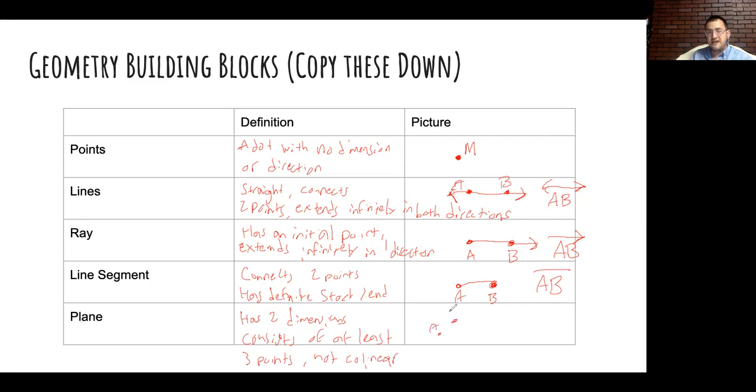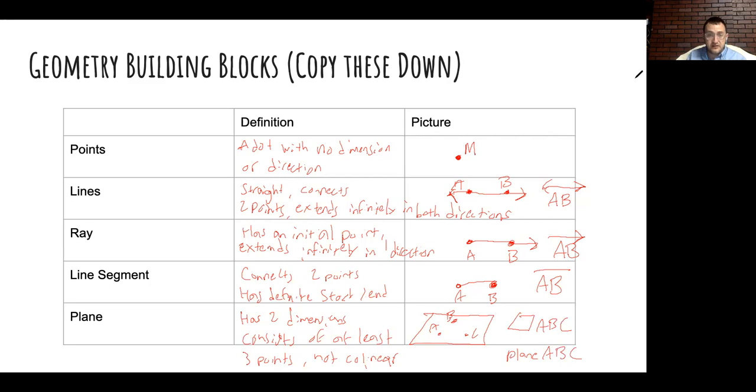So maybe I have A, B, C, and it is flat. And I'm going to put a plane symbol, so that's going to be plane ABC. Or Delta Math even just likes to write the word plane as well.